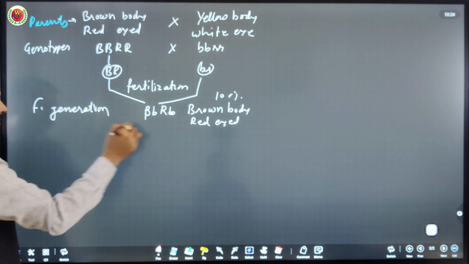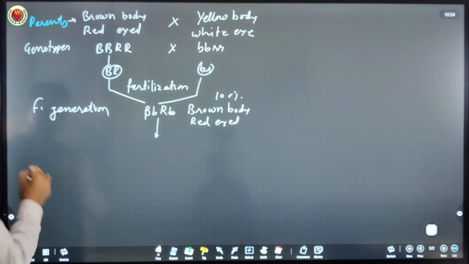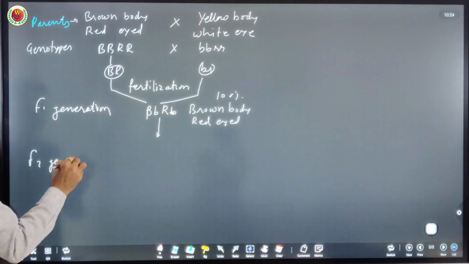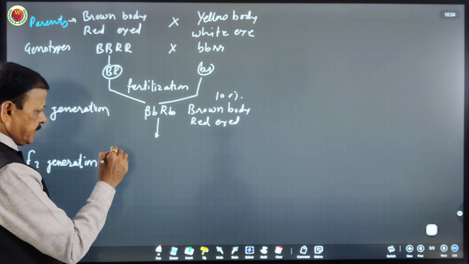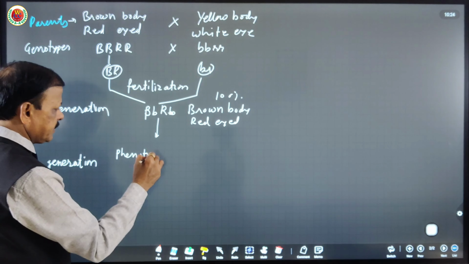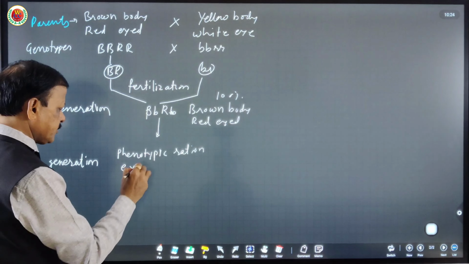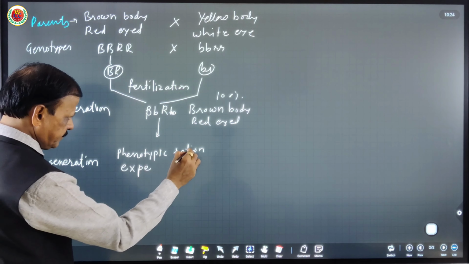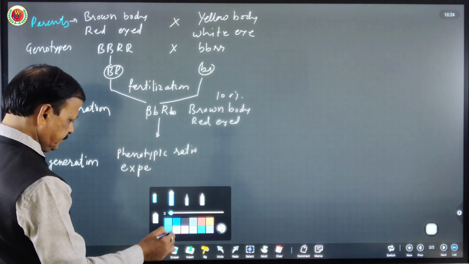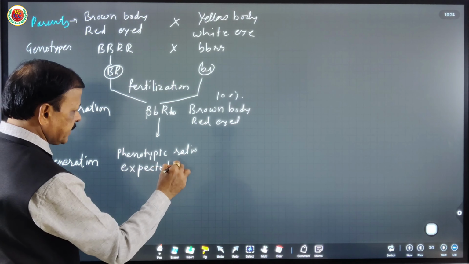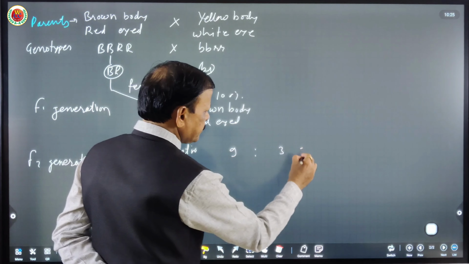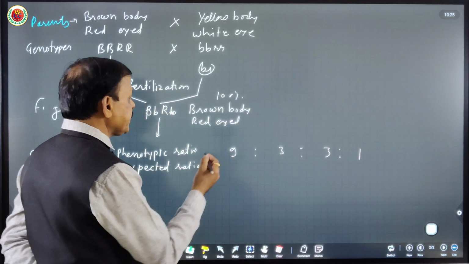As they knew that in the dihybrid cross, in the F2 generation, according to Mendel, the expected phenotypic ratio was 9:3:3:1.